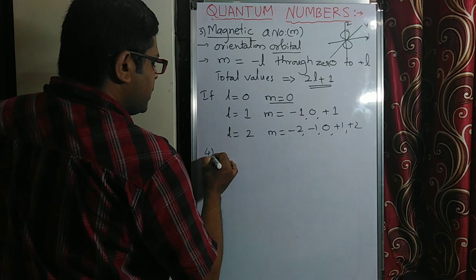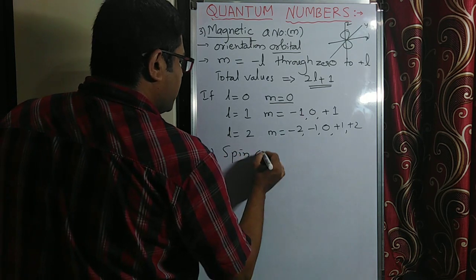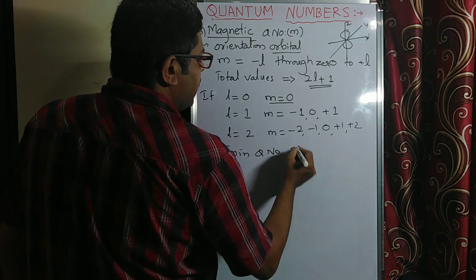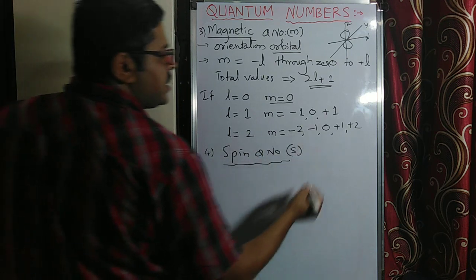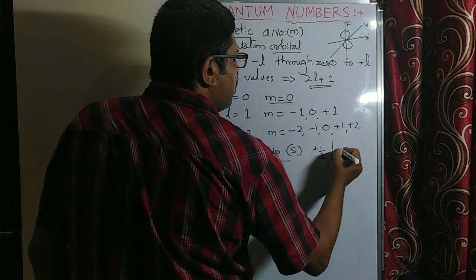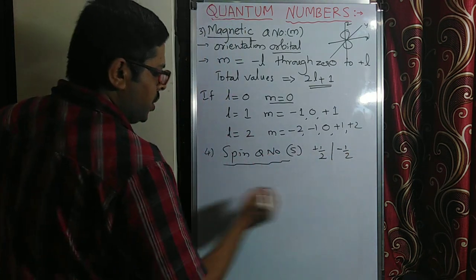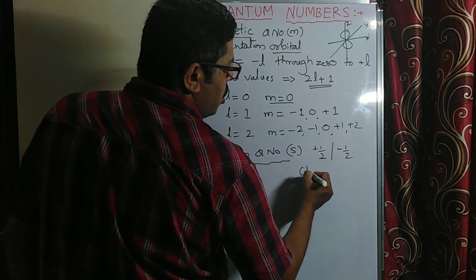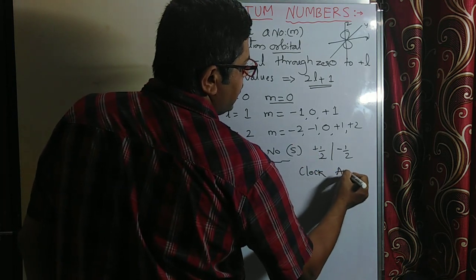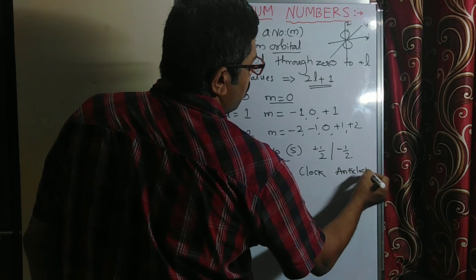Then the fourth one is the spin quantum number, indicated as S. S may be plus half or minus half. Plus half means clockwise, and minus half is anti-clockwise spin.